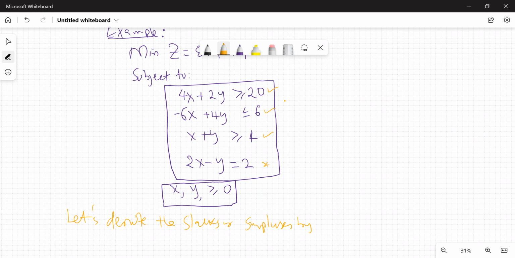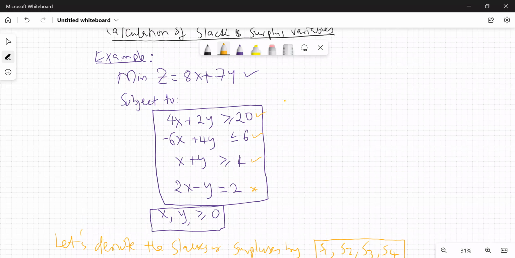Each of the inequalities will have its own slack or surplus. So we have S1, S2, S3, and S4. And maybe the other thing I did not mention is that these slack variables do not change the objective function.